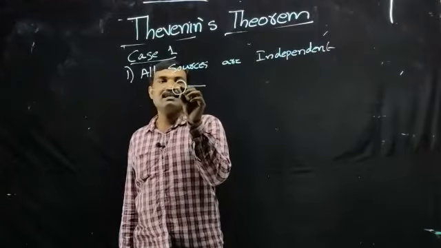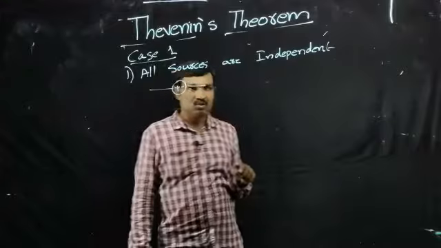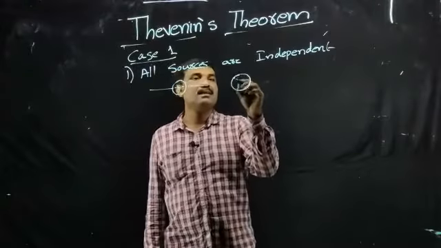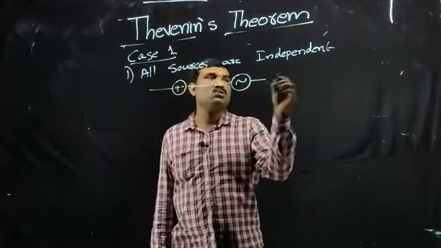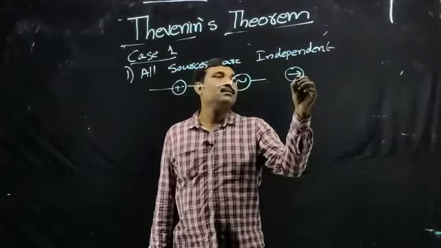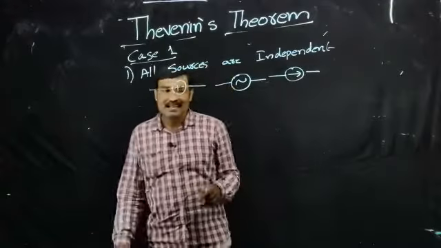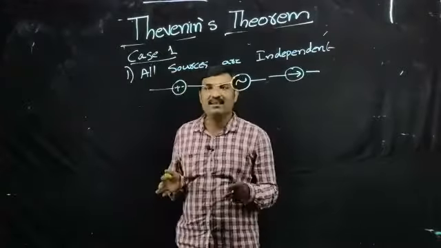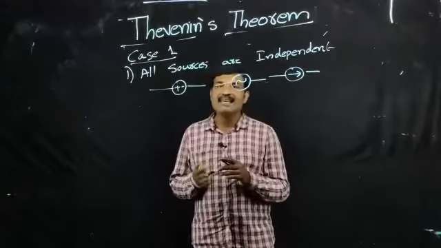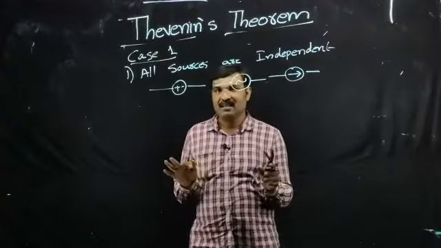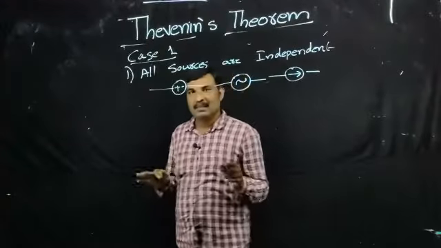So this will represent a DC voltage source, or this may be an AC voltage source, or maybe a current source. So all the sources are independent sources. In this network, we can find Thevenin's voltage and equivalent resistance by making use of the conventional method, right?